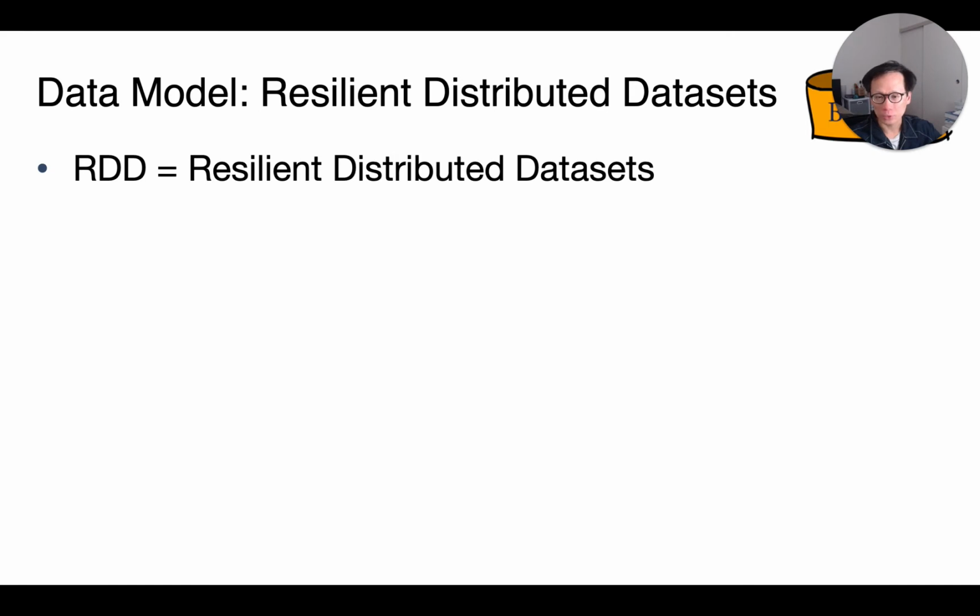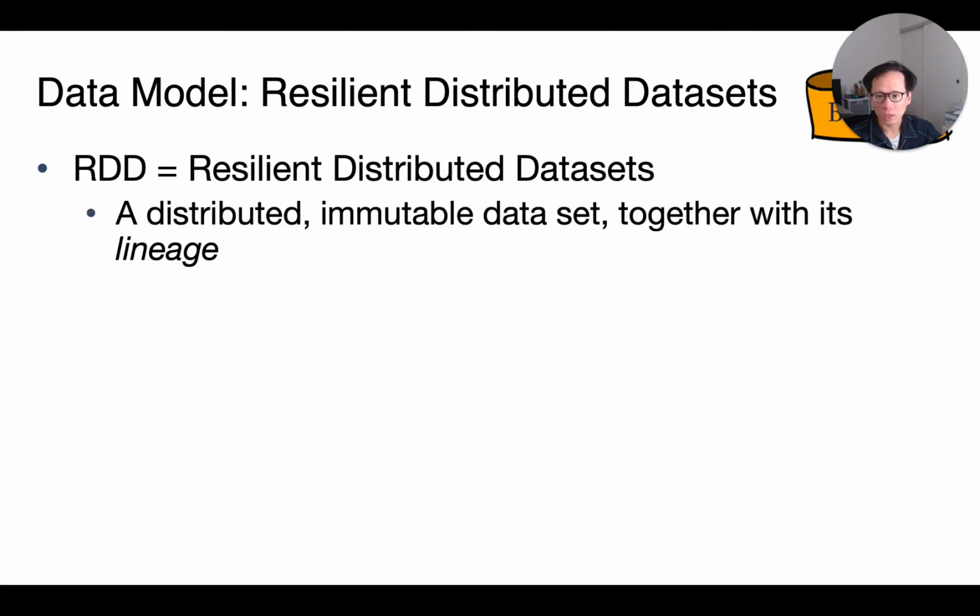Like MapReduce, Spark also uses a semi-structured data model. Unlike MapReduce, however, these objects, which can be anything from key-value pairs to just objects of a certain type, are organized into RDDs, or resilient distributed datasets.